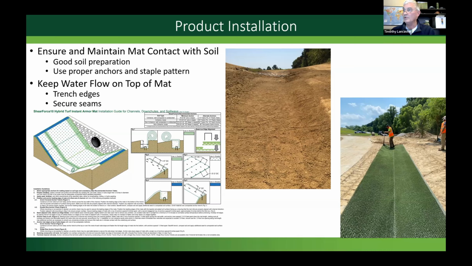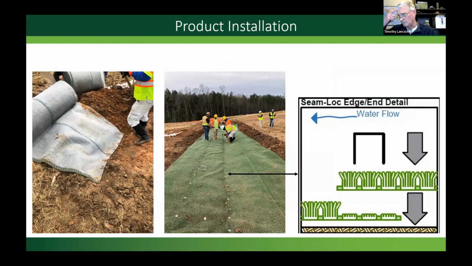One thing with this particular product, we've got a built-in overlap edge we call a seam lock edge, where one edge of the mat is flat, inset 2 to 3 inches, and the other edge of the roll is full turf with no fabric.